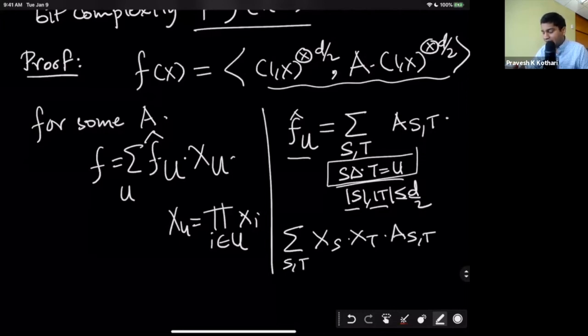And the observation is that XS times XT, when you do multilinear reduction, equals X of S delta T, or symmetric difference of S and T. And so basically we are collecting all terms where the corresponding product of the two monomials symmetric differences out to the monomial we are concerned about, U. And we're just adding them up. So that's what the proof of this is.